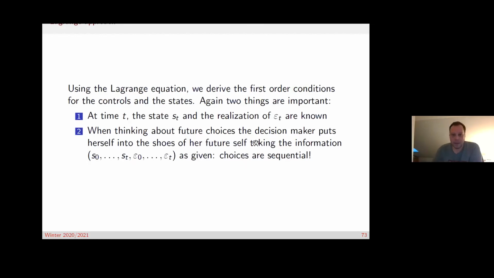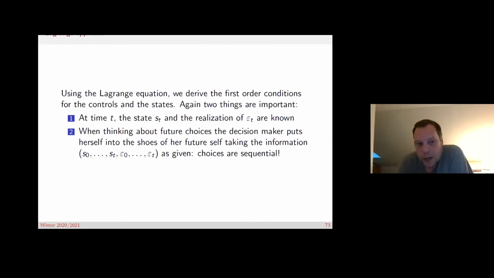Okay, so I think time is up. We will talk a little bit about the Lagrange solution strategy on Thursday, and then we will take maybe Thursday and a little bit of the week after that to use the Lagrange and then the Bellman equation approach.